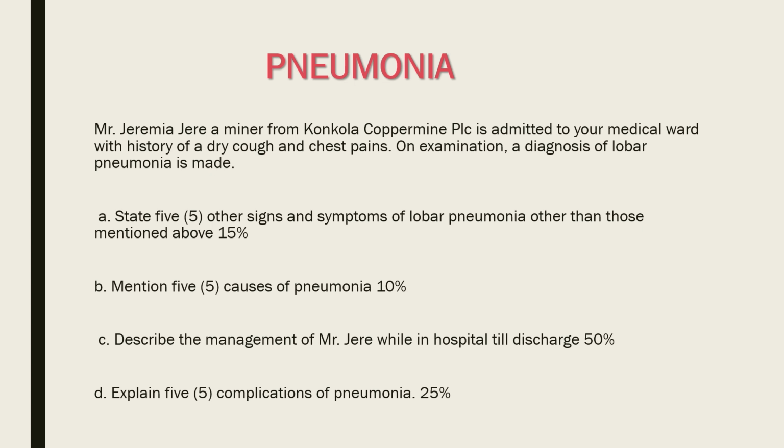Under investigation, what am I going to investigate? One, history from the patient, which may reveal stabbing chest pains made worse by deep breathing or cough. On auscultation, there will be reduced air entry and crackling sounds called rales in the affected lung.